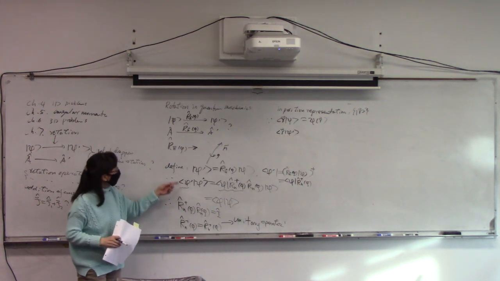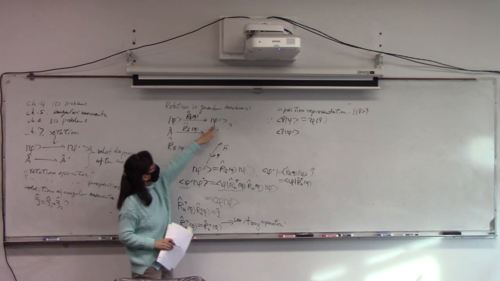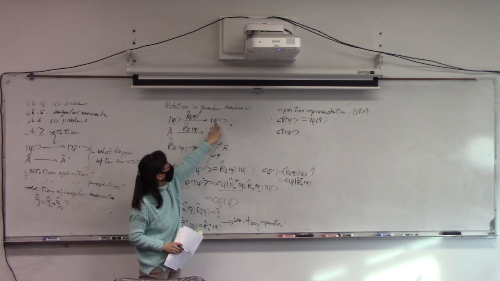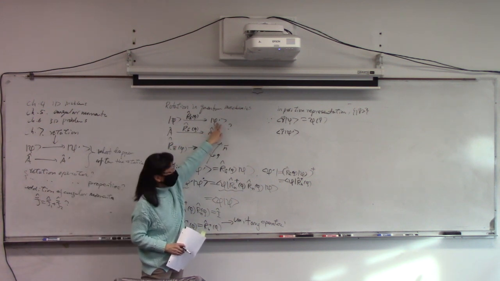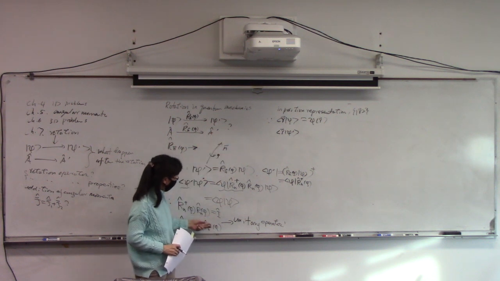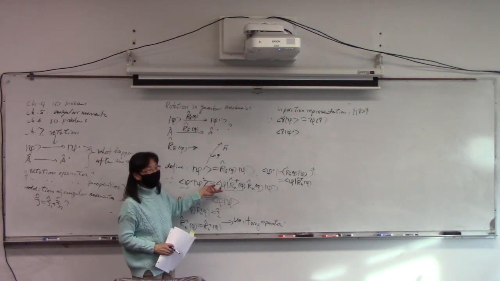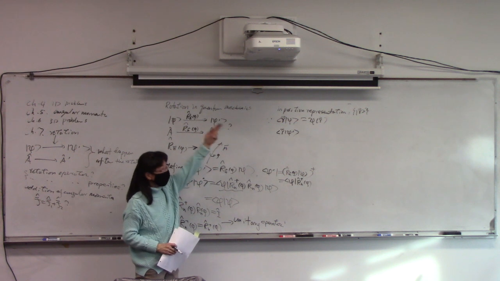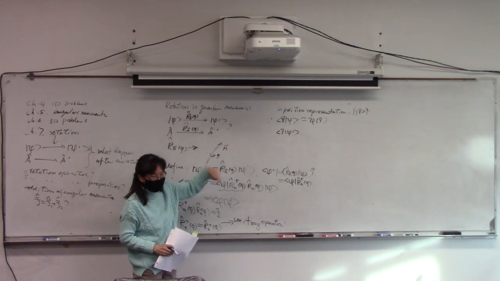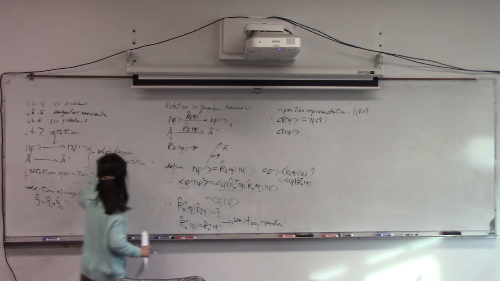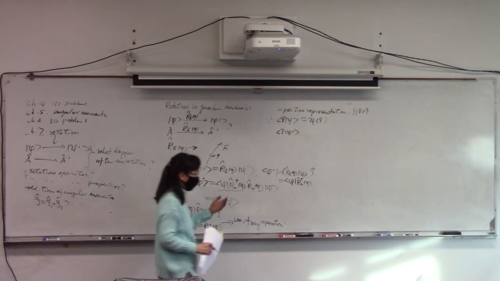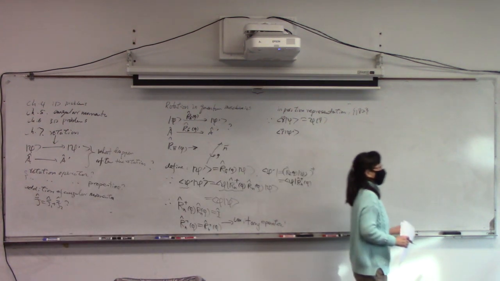I'm going to find psi prime, which is after rotation. How to find it? This relation is in arbitrary or Dirac notation. Now we are going to find it in the position representation, since when we deal with details we always have either position representation or matrix representation.